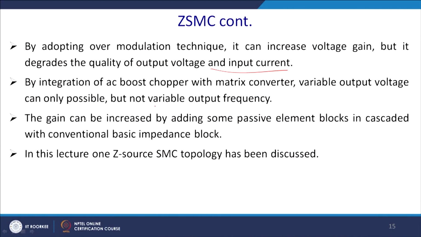By integration of the AC boost chopper with the matrix converter, variable output voltage is possible, but not variable frequency operation. It does not allow variable frequency operation; it can allow only fixed frequency operation.